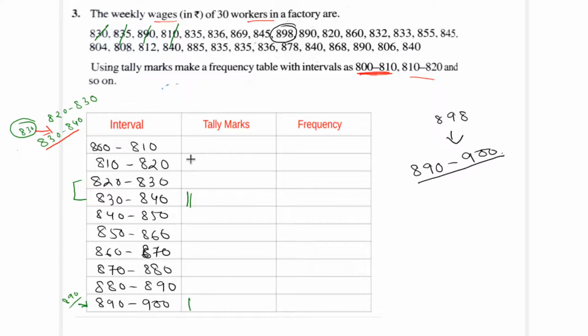810, again in the higher group, where 810 has started. Now 835 will come here, 836 again here, 869 in this group, 845 here, 898 here, 890 again in the higher group, 820 in the higher group.